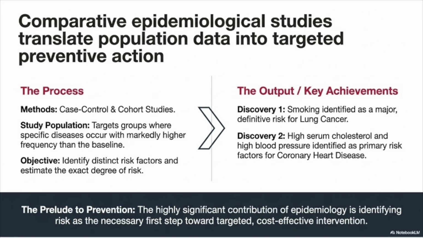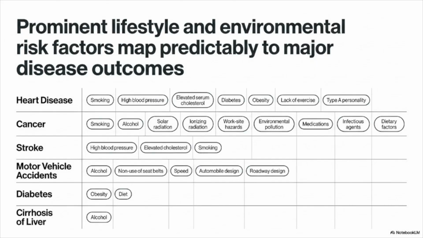Many common diseases have well-established risk factors. Coronary heart disease is associated with smoking, hypertension, elevated serum cholesterol, diabetes, obesity, physical inactivity, and certain personality traits. Cancer is linked with smoking, alcohol, radiation, occupational hazards, environmental pollution, infections, medications, and dietary factors. Stroke is strongly associated with hypertension, smoking, and elevated cholesterol.